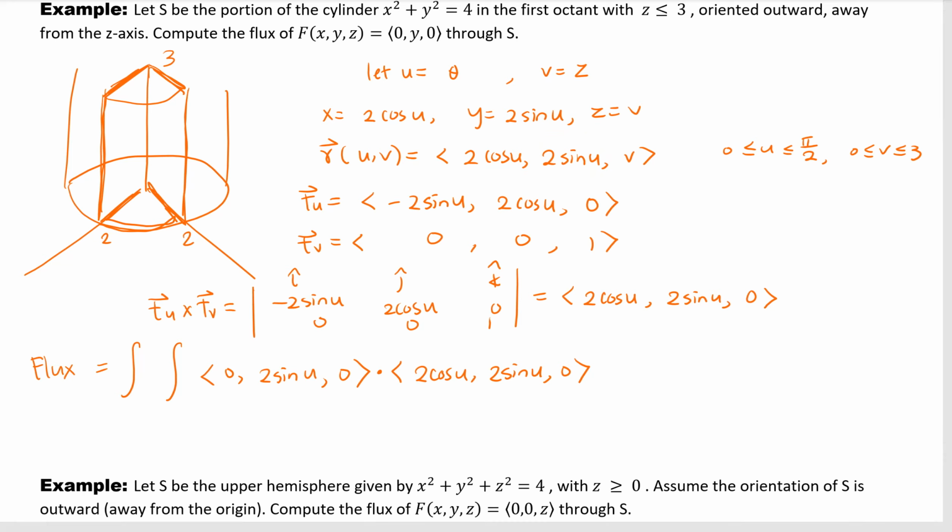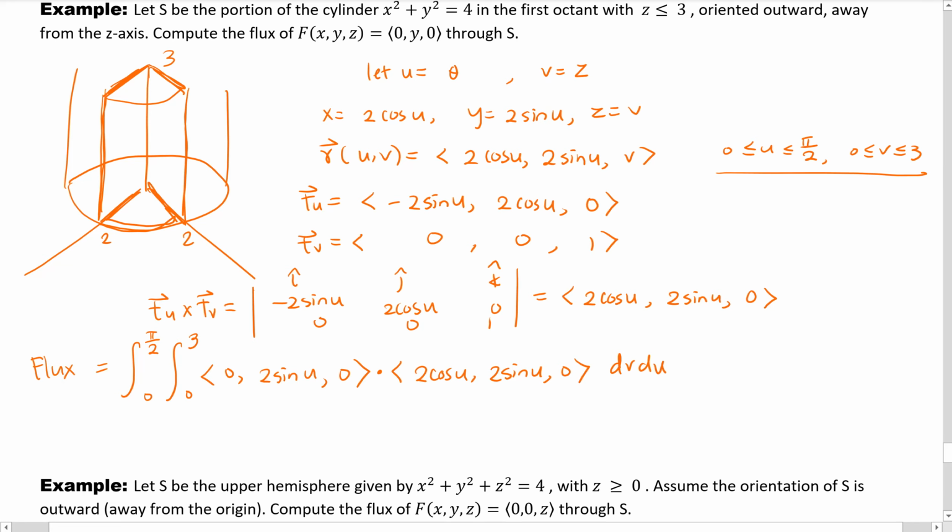Alright. Here, let's look at our domain D in the uv plane. Because it's a rectangle, the order doesn't matter. Let's do dv du, where v is from 0 to 3 and u is from 0 to pi over 2.